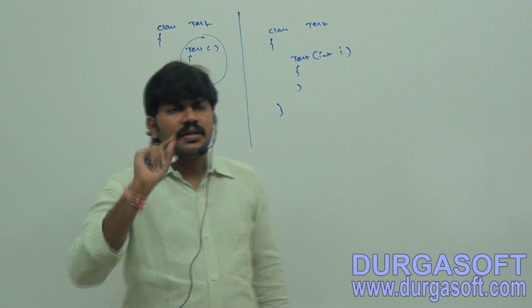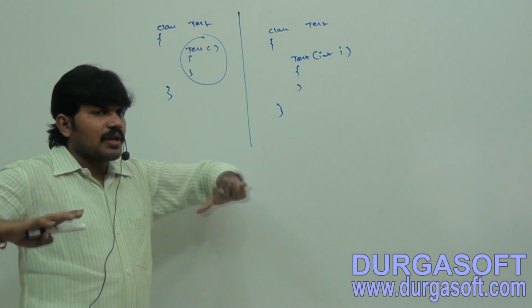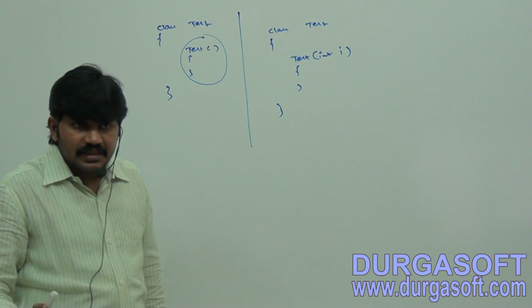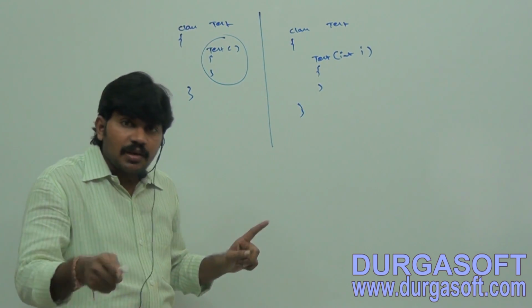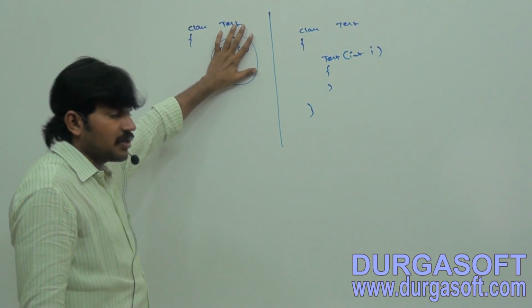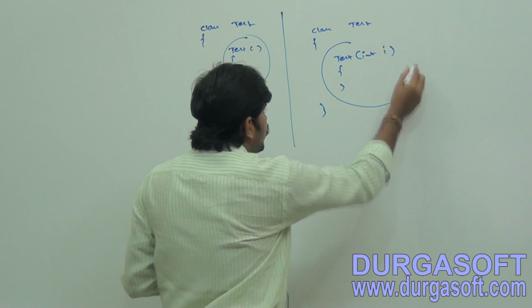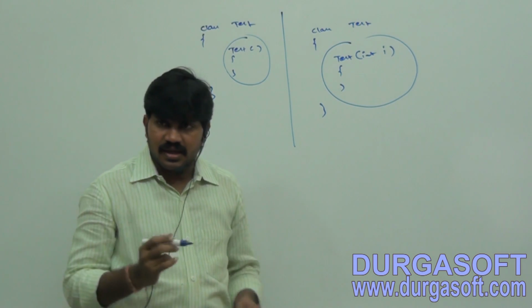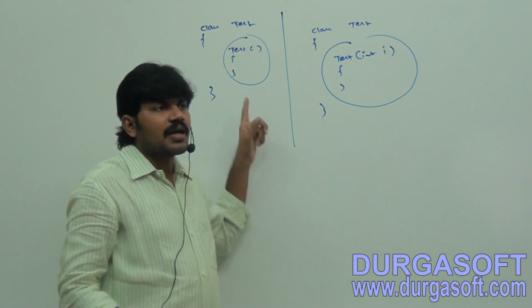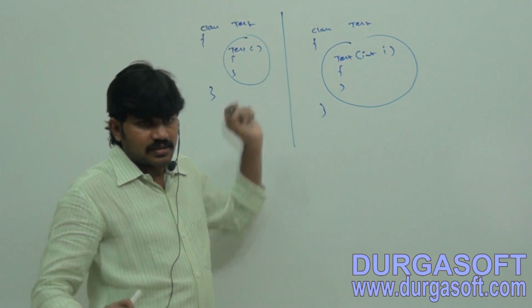Next, sir, here take very special care. Every class in Java contains a constructor. It may be the default constructor generated by the compiler or a customized constructor provided by the programmer, but not both simultaneously. Correct or not? When will the compiler generate a default constructor? If we are not writing any constructor.